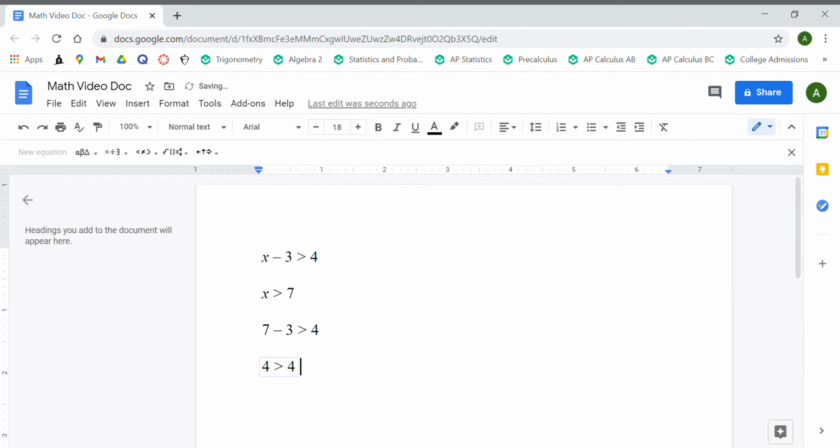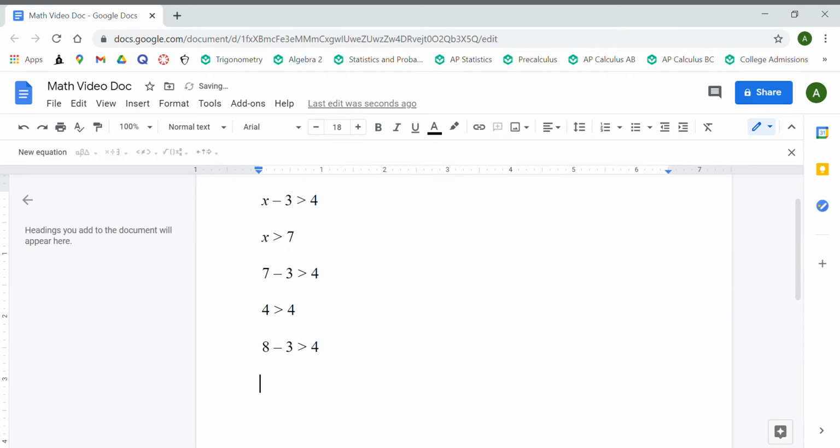No. So that means x cannot be equal to 7 for the inequality to be true. Now, how about 8 minus 3? Is that greater than 4? Yes, 5 is indeed greater than 4. So 8 is a good solution to the inequality.